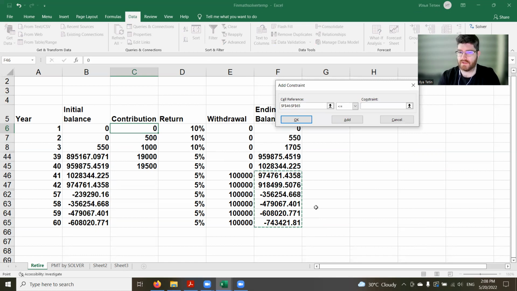these values. After year 40, when we start to withdraw our money, we need to make sure that our ending balance is greater than zero. It should be positive. So that means we have to withdraw something, and we make these constraints more or equal to zero. Okay.